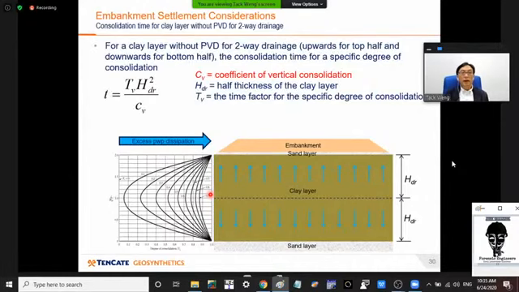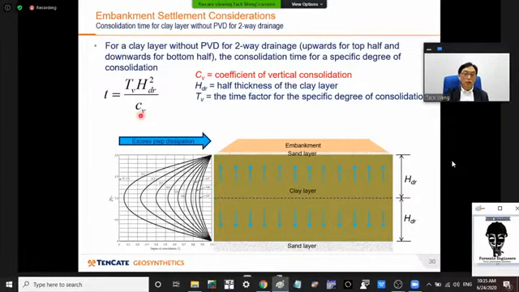For a clay layer without PVD, or two-way drainage, because you have got sand above and sand below, the time taken for a certain degree of consolidation is given by this equation.